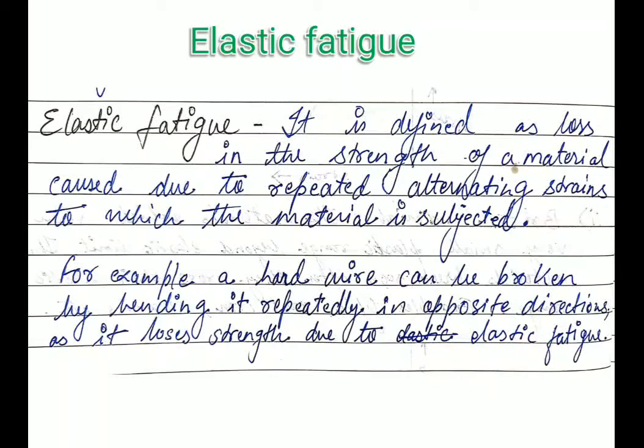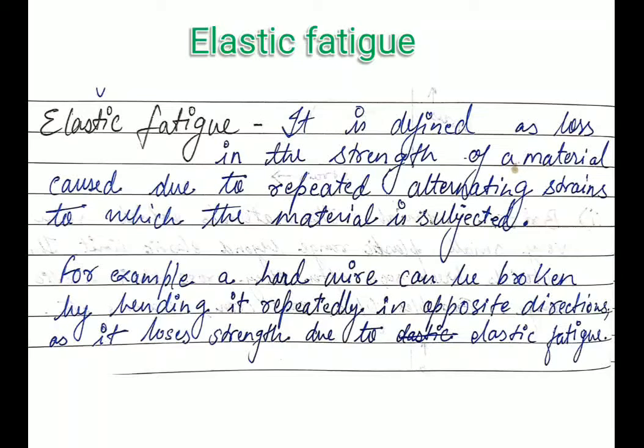Students, I will take one more example here. When a material is subjected to continuous strain, within the limit, but if the strain is continuous cyclic, then after some time the material will lose its strength and it will fail. For example, I'll take an example of railway tracks. You know that the railway tracks laid down are not for the whole life. They keep on changing. So why?